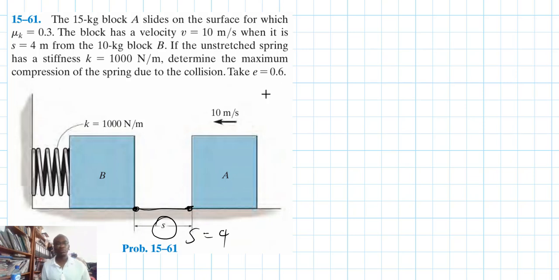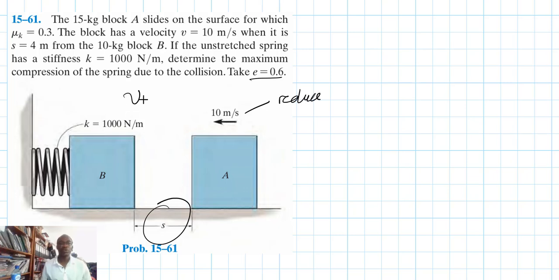We can read through the problem. We've been given e, which is the coefficient of restitution. Okay, right. So what do you think this particular velocity will become just before it collides? Because of this friction here, we expect this to reduce.